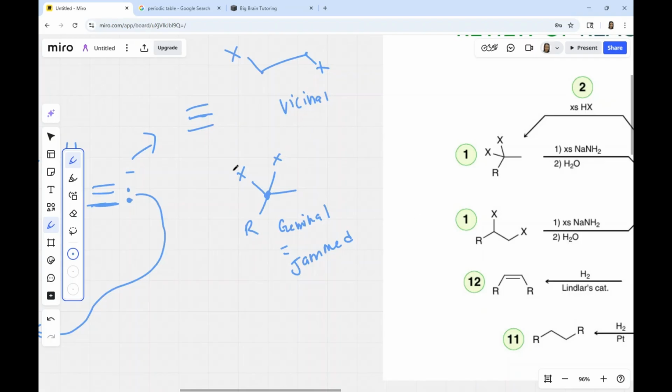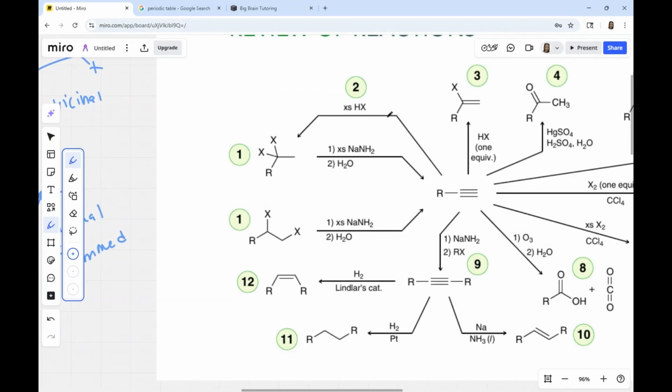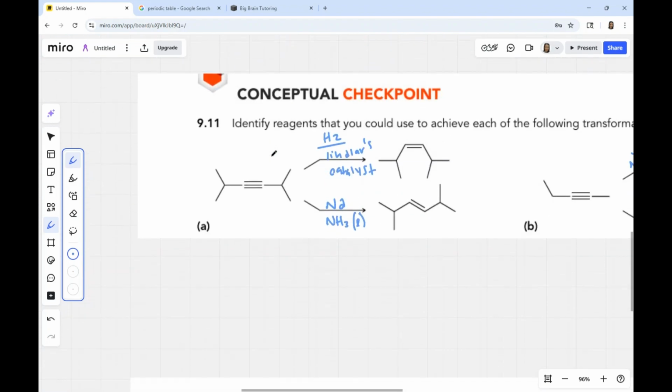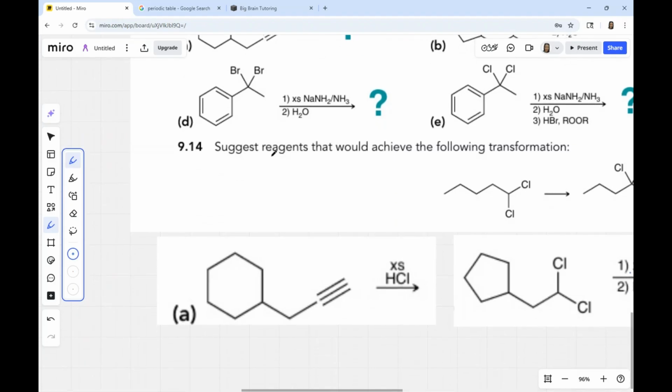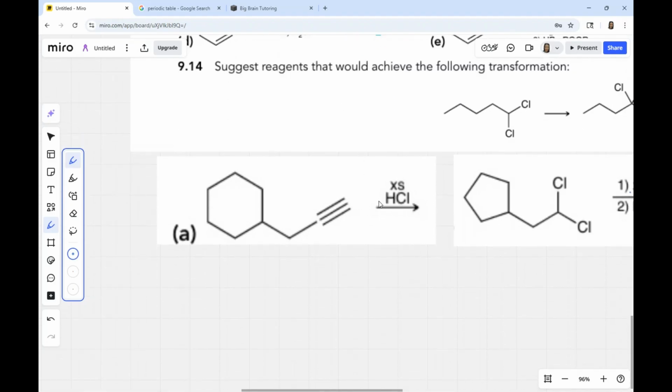But okay, so we know if we're adding excess HX, we're going to add that halide Markovnikov on the same carbon. So let's go all the way down here. And so we know it's going to add them here, and it's going to add two of them. So let's just redraw this out real quick.